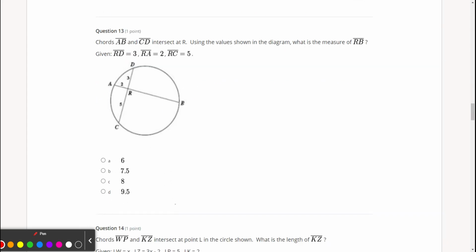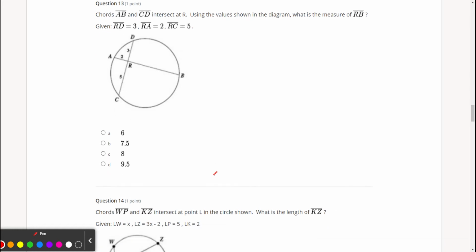What do we do with chords? It's up above Wesley's head, if you've forgotten. Oh, what do we do with missing the X? So it says, what is the measure of RB?